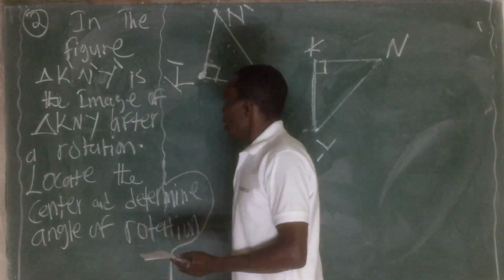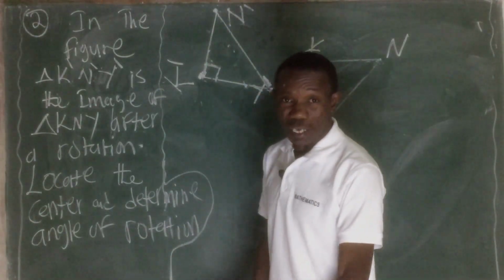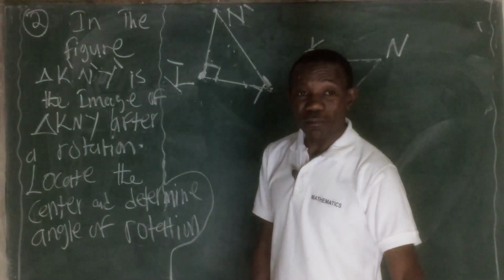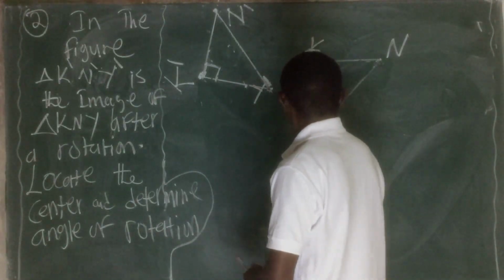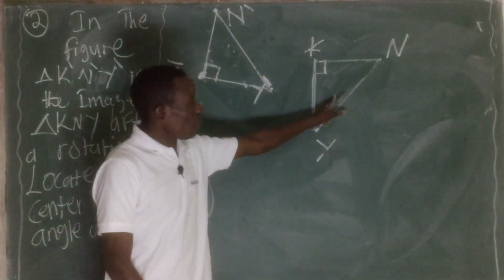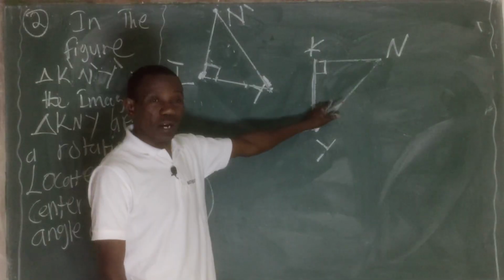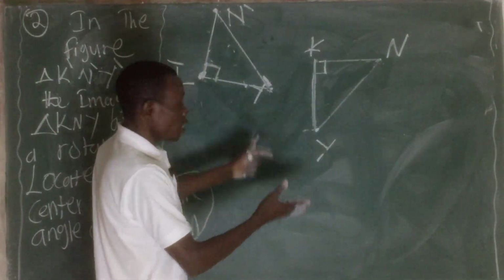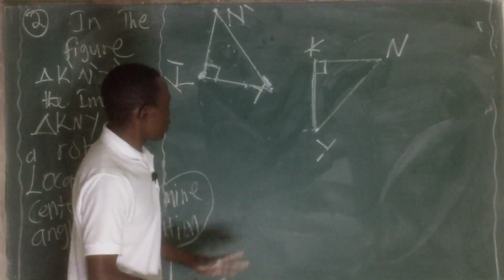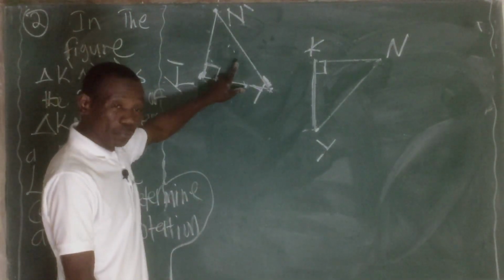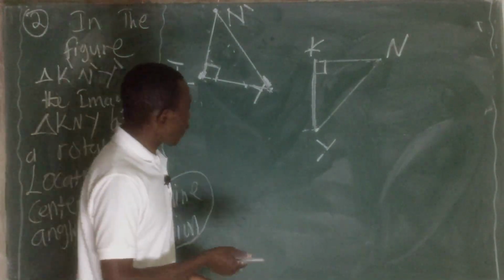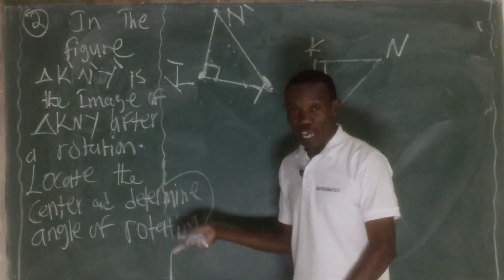Right. You can see now the two questions are different. The first one, we were asked to rotate this object to come up with the image. So that's what we did. We all had to see the procedures that we have used to come up with this one. So now we're taking for granted that we don't have that question, but instead we have this question here.